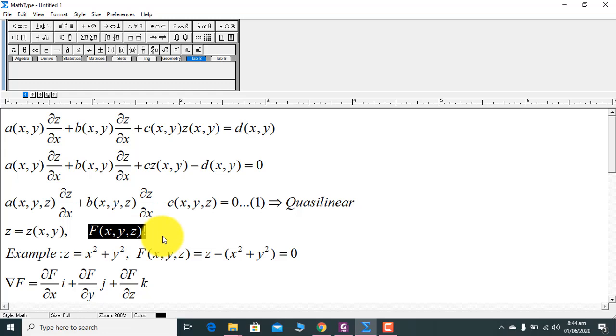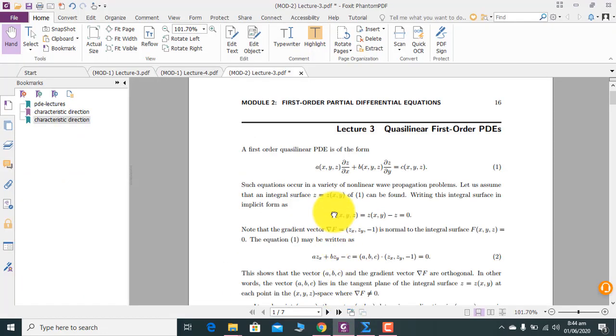So this will be our solution, and in the lecture notes I have written that F of x, y, z equal to z minus z of x, y, which is equal to 0. So now this is your solution, and you now understand what is meant by this.